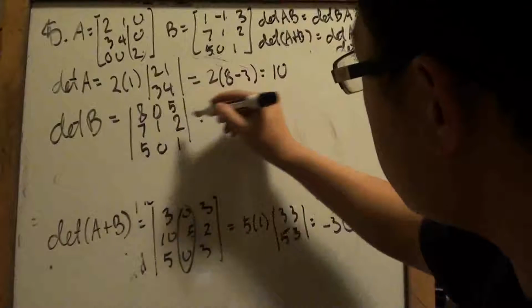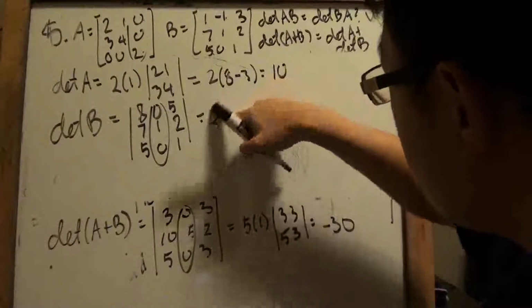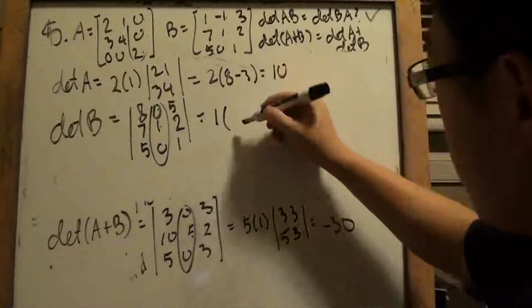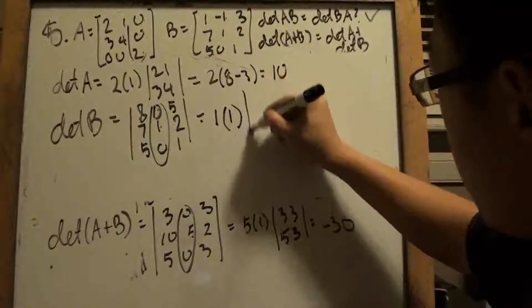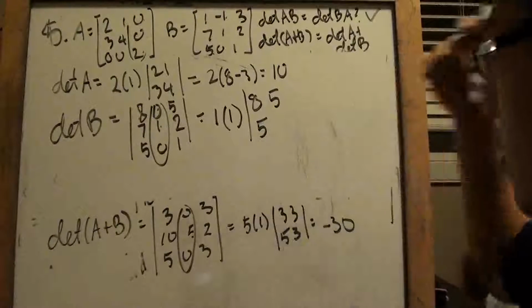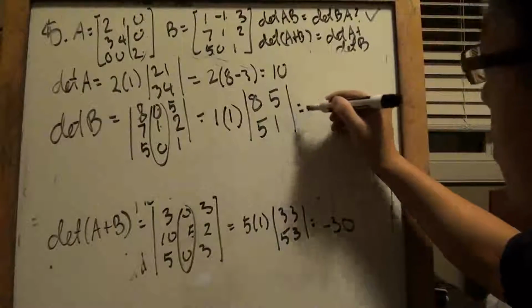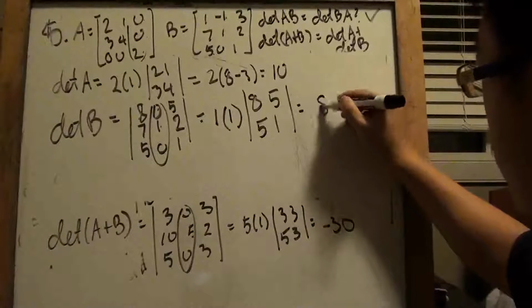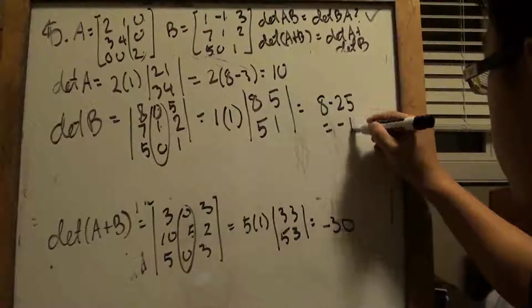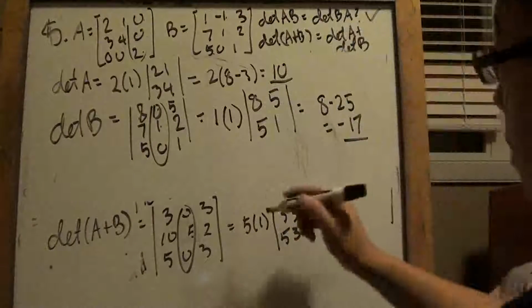I'm going to use this 2 and this part. 1 times, positive, negative, positive, yeah, positive, and 8, 5, 5, 1. 8 minus 25 is negative 17. So 10 and negative 17.